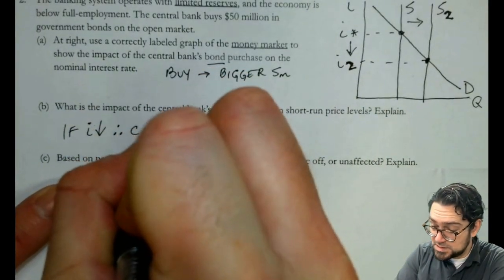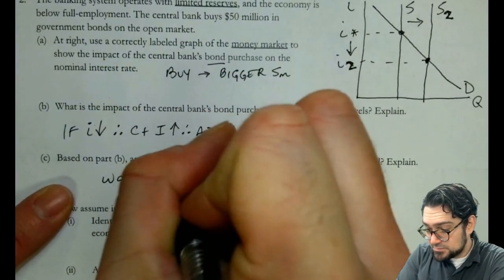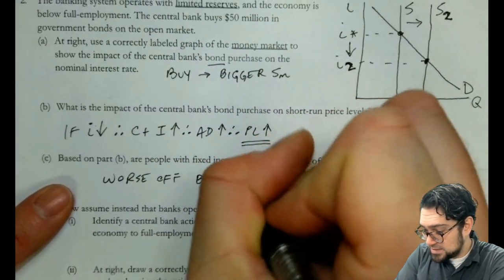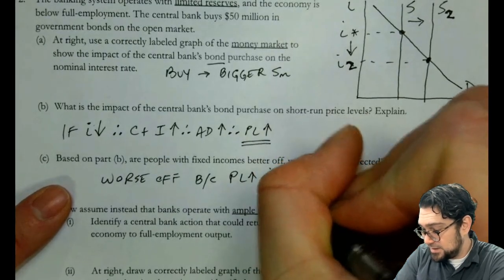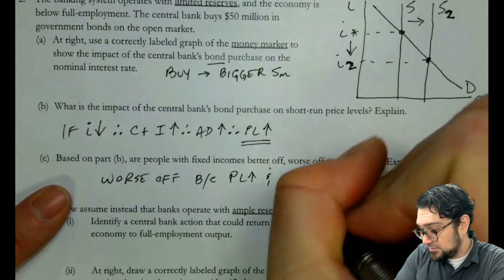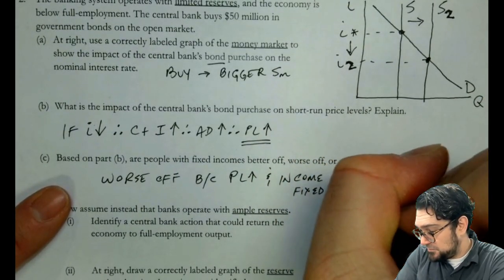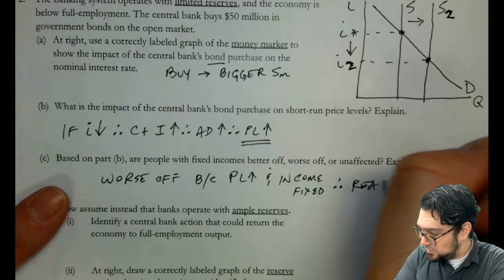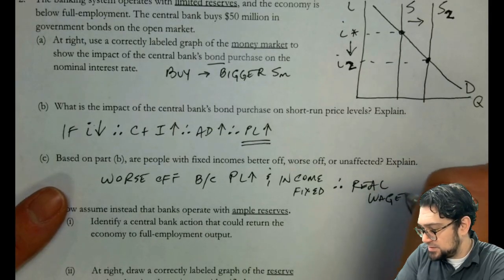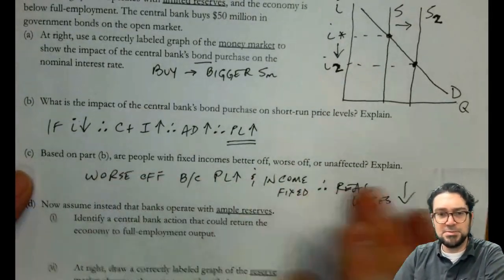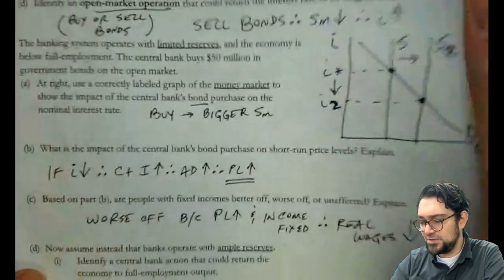We know that they are worse off because price levels increased and income was fixed. Therefore, real wages decreased. That's probably an over-explanation for this concept, but I think it would work.